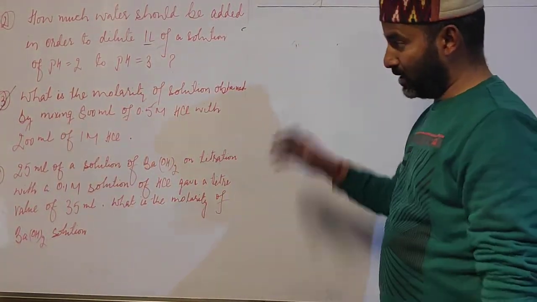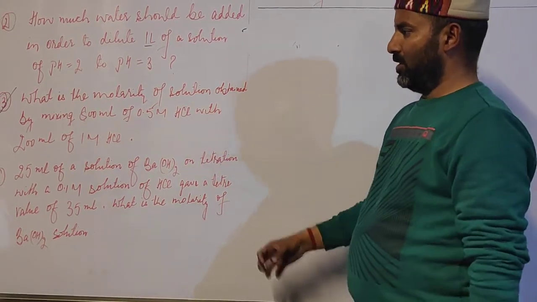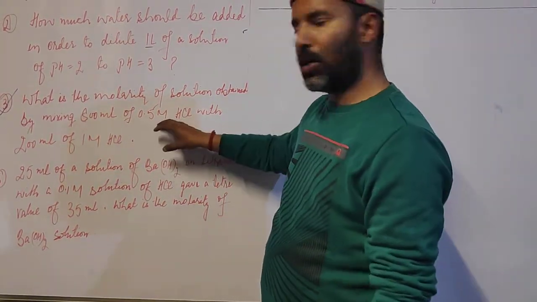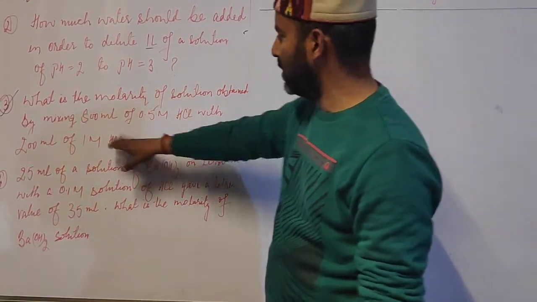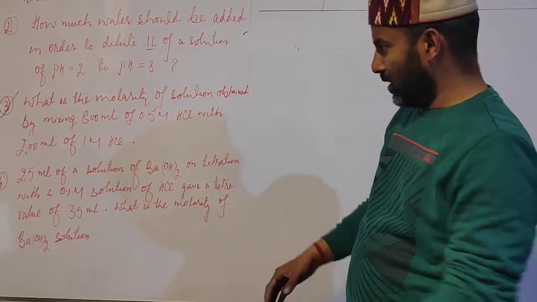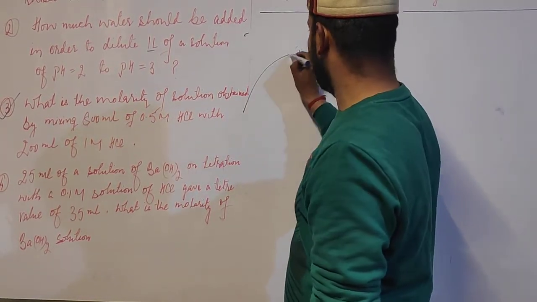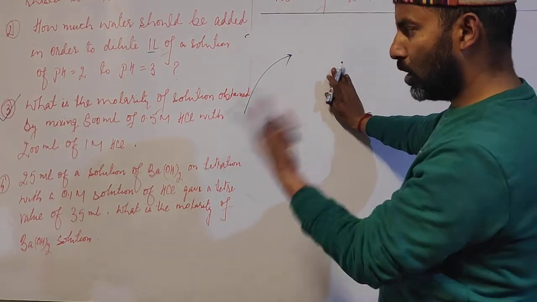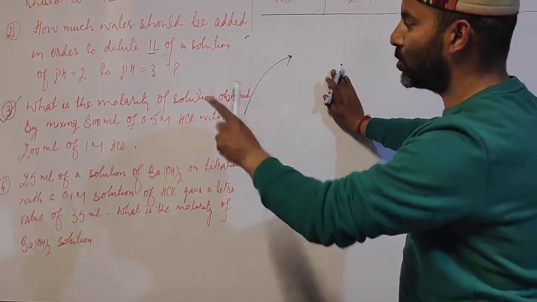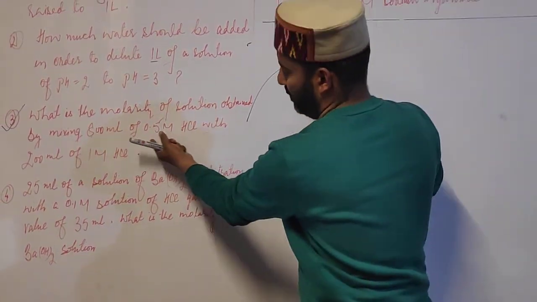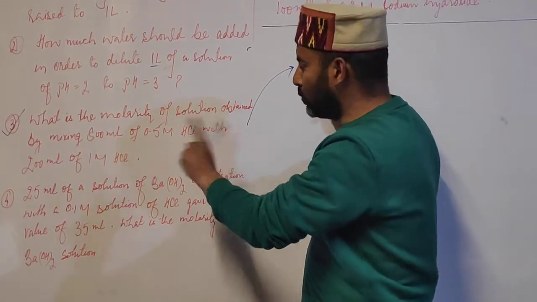Students, this is a case where we are mixing two solutions of the same solute, that is acid mixed with acid, to form a third solution, and there is no chemical reaction because two solutions of the same solute do not react.